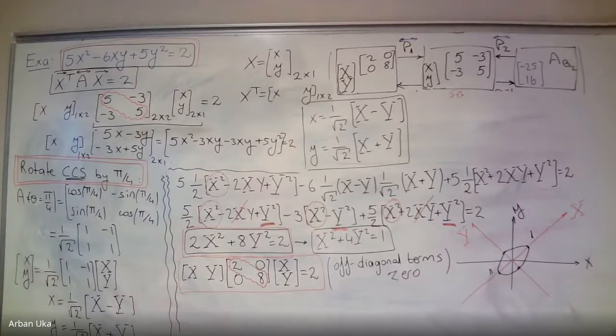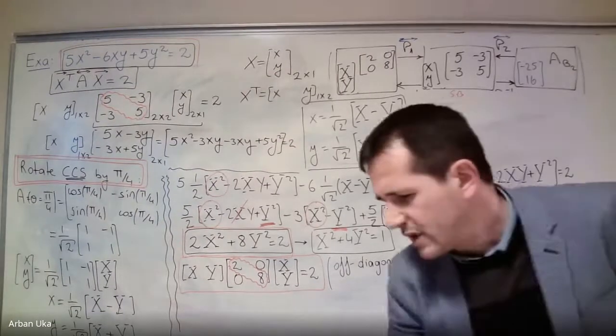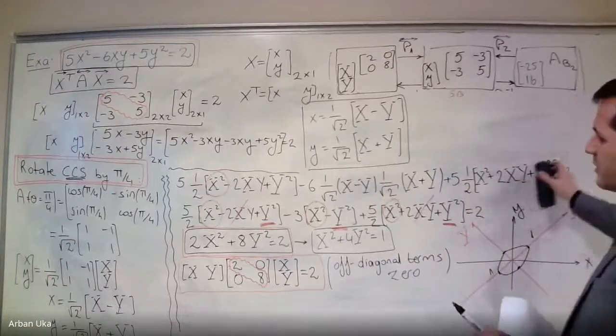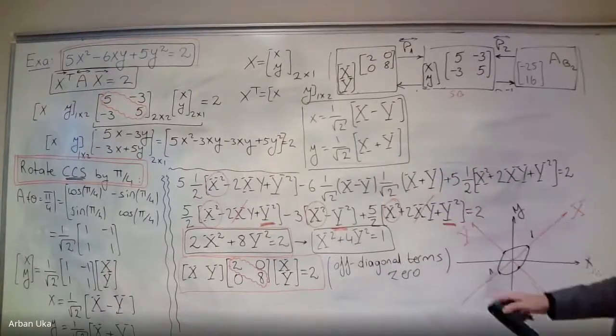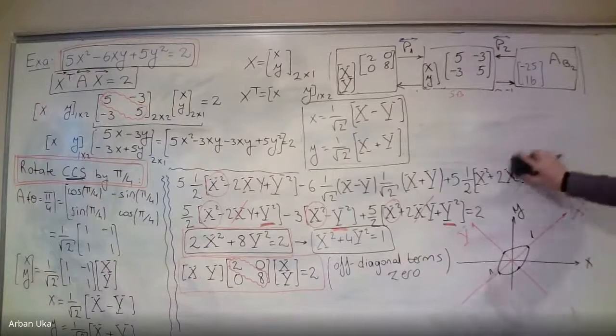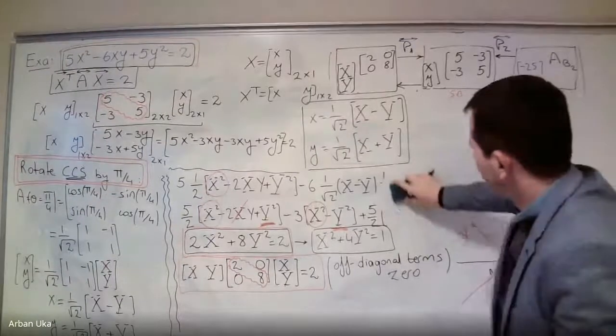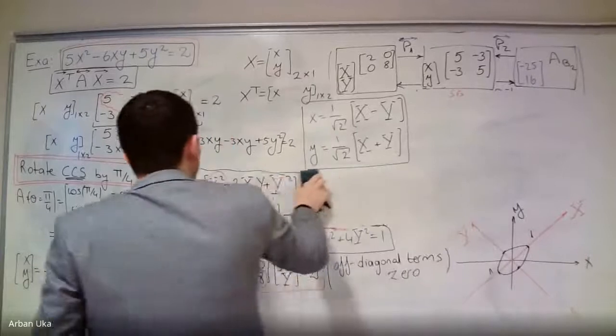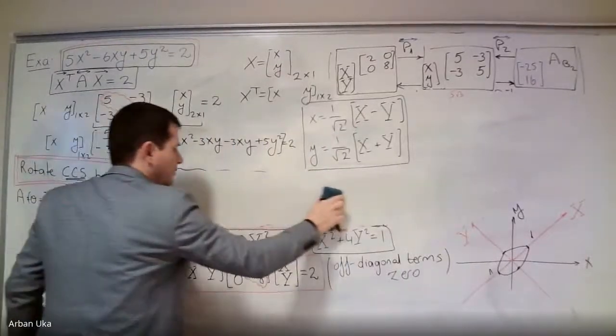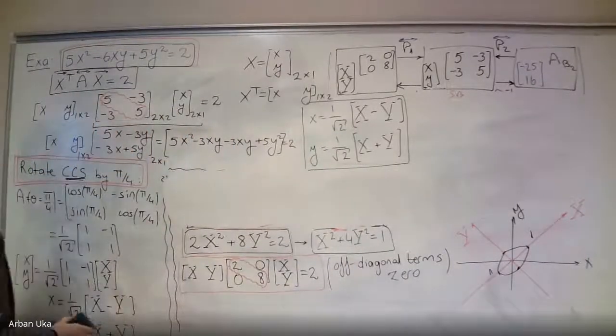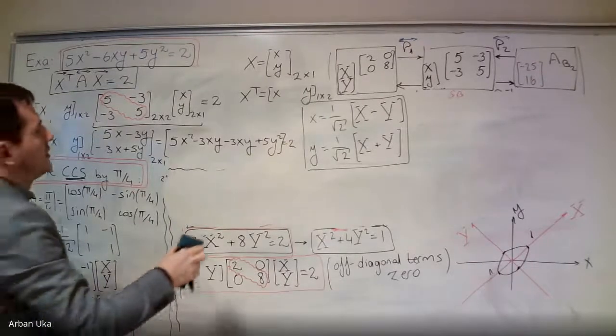Out of the solution, if you allow me, we can erase this part because you can redo those. But this is just proving that this equation at the top is equal to this equation here at the bottom.